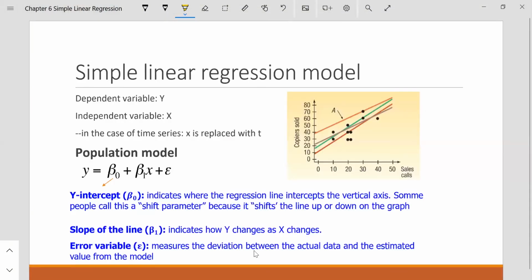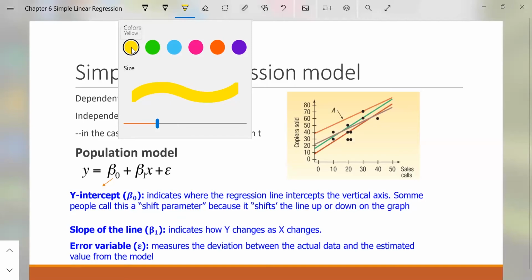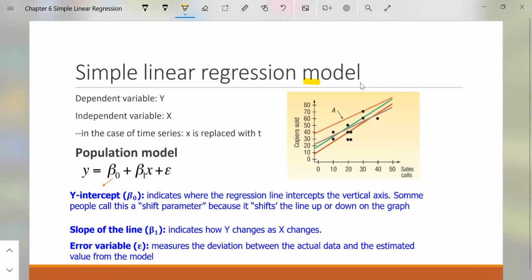Next, let's talk about the simple linear regression model. And let's say it's a model because it just generalizes the basic relationship between x and y for any data set we may consider. In the model, we have the dependent variable y and the independent variable x, and we assume they follow a straight line relationship in the following format.